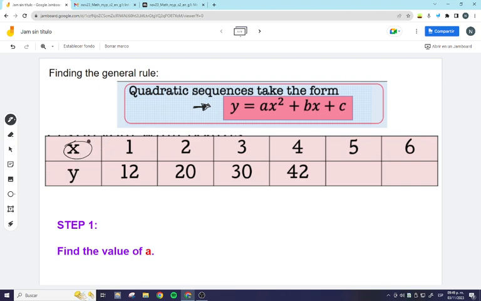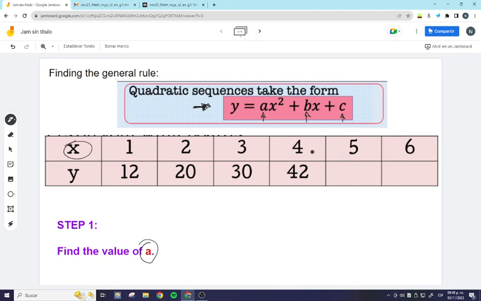Remember that could change according to each problem. And y is the number of the pattern in each step. So we will need to find what's a, what's b, and what's c. And we are going to begin by finding a.